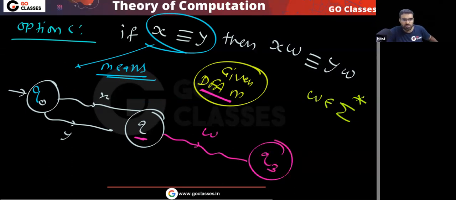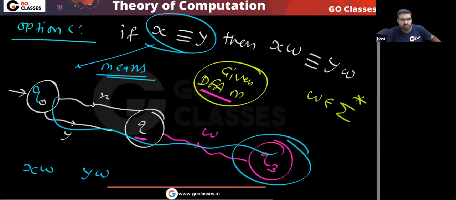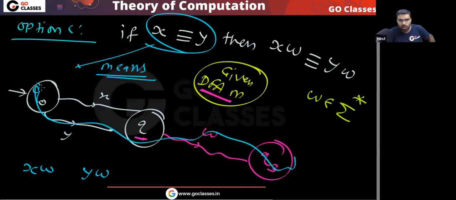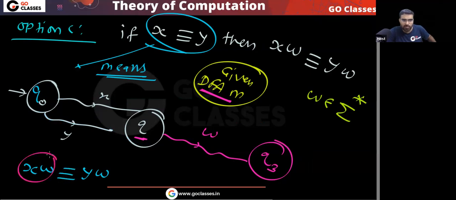On W, it will go to some state. Correct? Now tell me, can I say that on XW, on YW, I am going to the same state? On XW, I am going to Q3. On YW, I am going to Q3. So yes, on XW, on YW, I am going to the same state. So they are also equivalent.